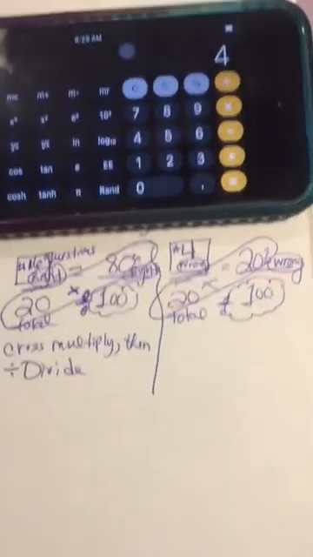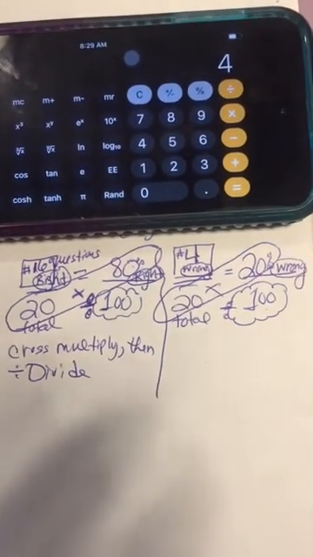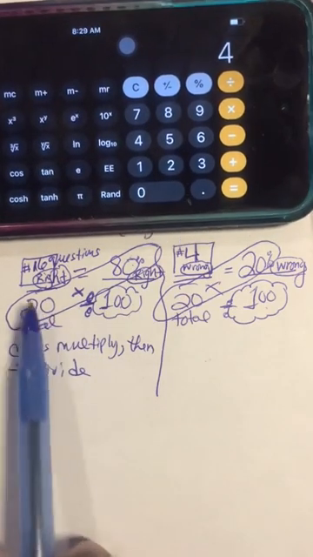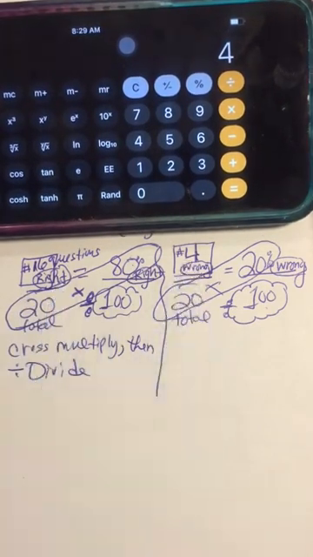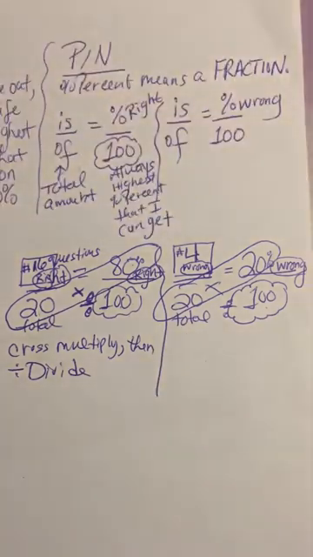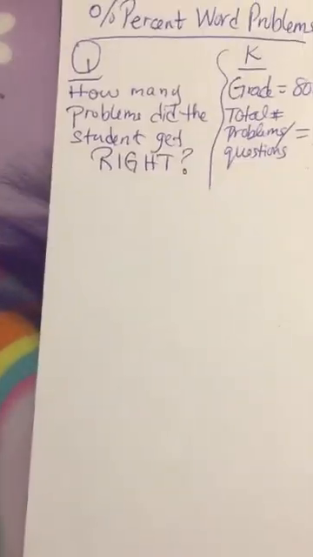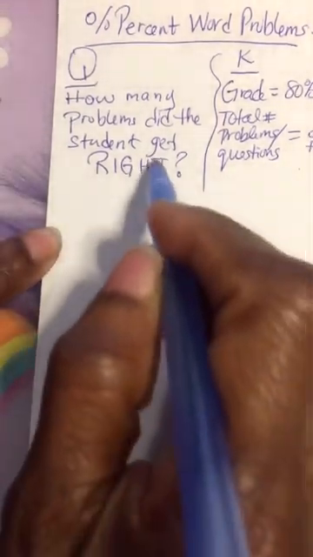So we got 20 questions total. We got 16 right and 4 questions wrong. So now let's go back to the question, because you don't want to be confused. The question was, how many problems did he get right?